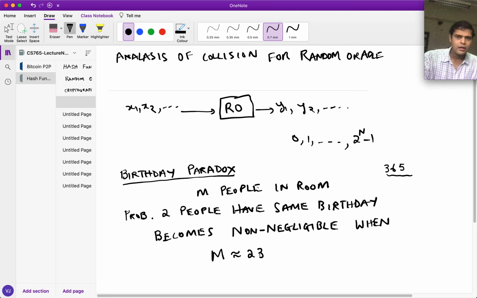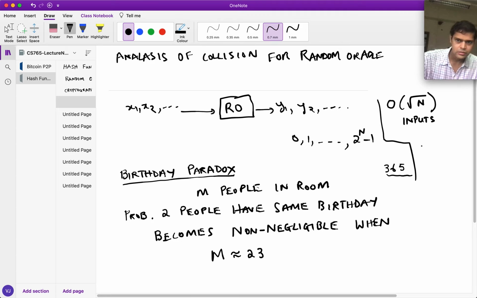Okay? And mathematically, what does that mean? So how many inputs would I have to try? I would have to try order of square root of n inputs in this hash function to get a collision.